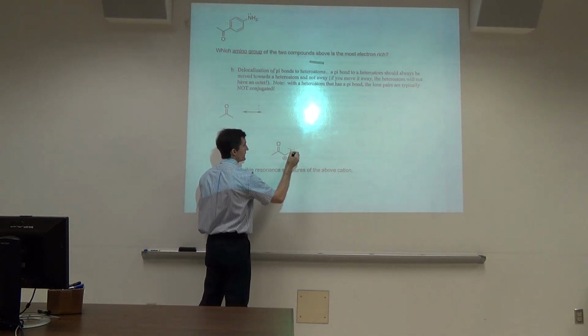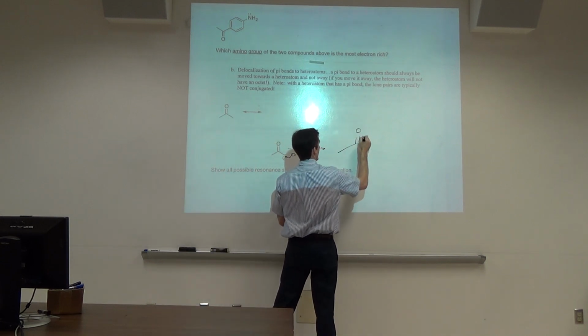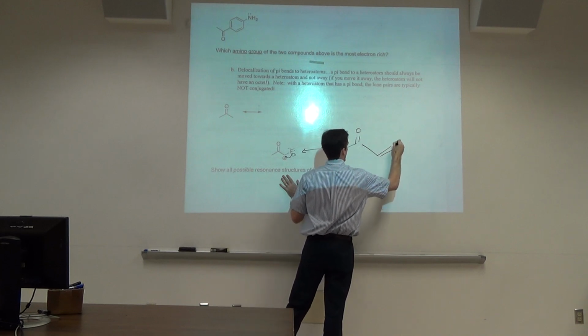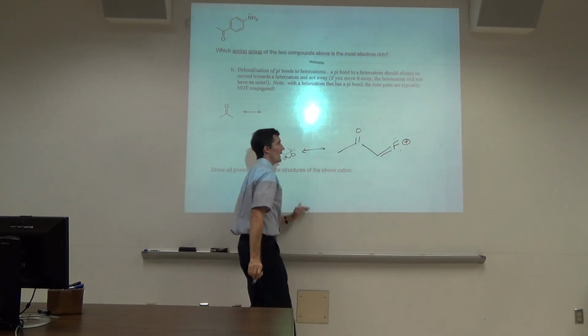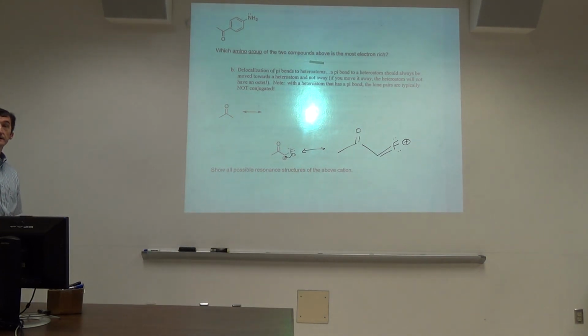Fluorine has 3 lone pairs. These electrons can move in here. We draw a resonance structure there. How do you stabilize a cation? Move electrons towards it. Lone pair. Boom.